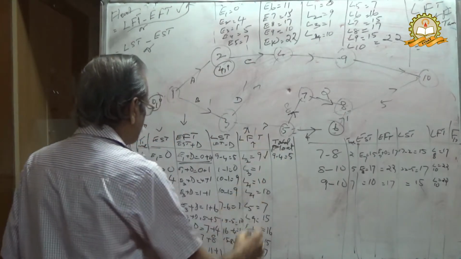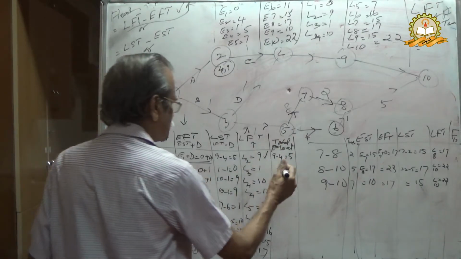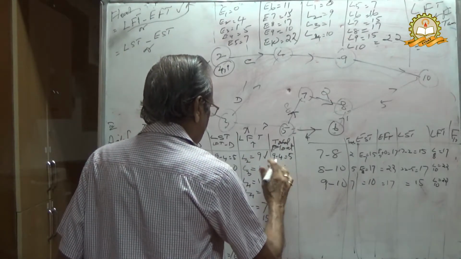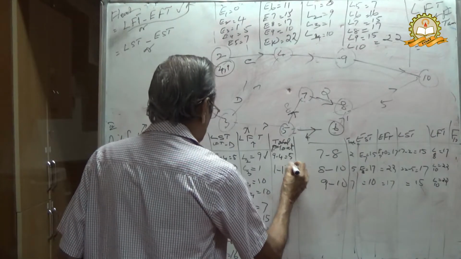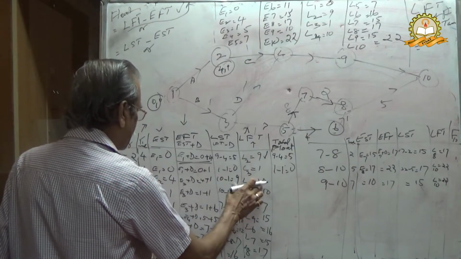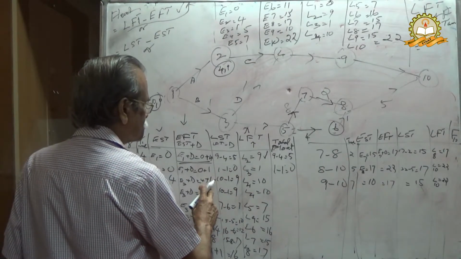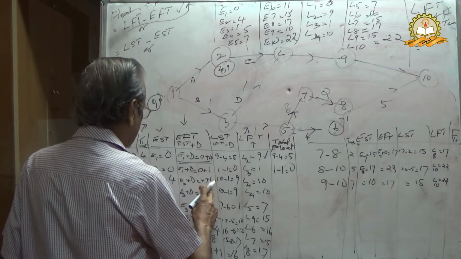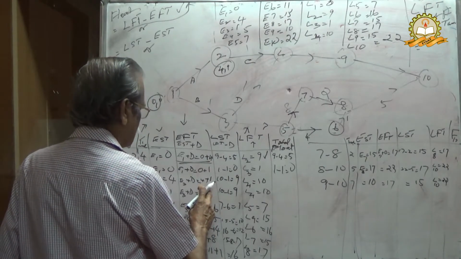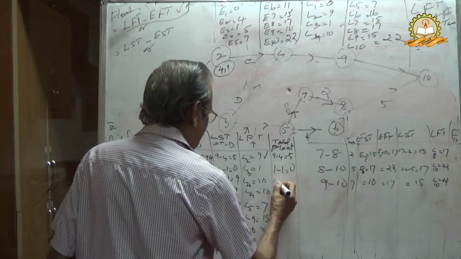Now you are considering this column and this column alone. Here 1 minus 1, 0. Then 10 minus 5.